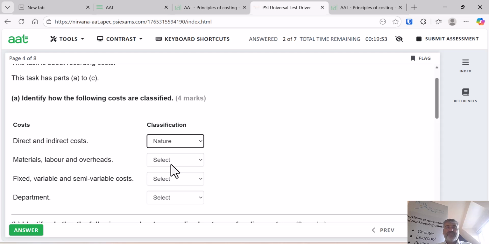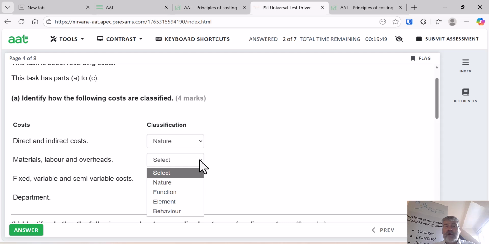So what about materials, labour and overheads? Picking out from our options, the one we're trying to select here is that we are classifying by element. Classifying by element basically means that you are classifying things according to the type of expenditure, and that would be true of materials, labour and overheads.